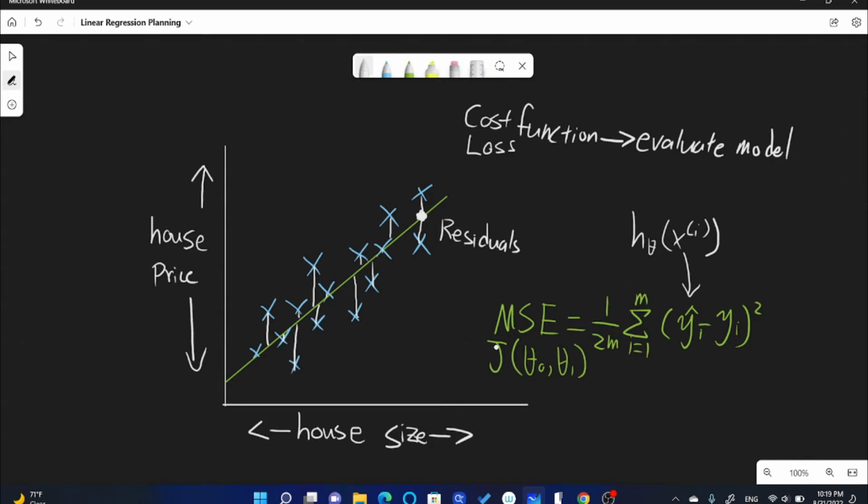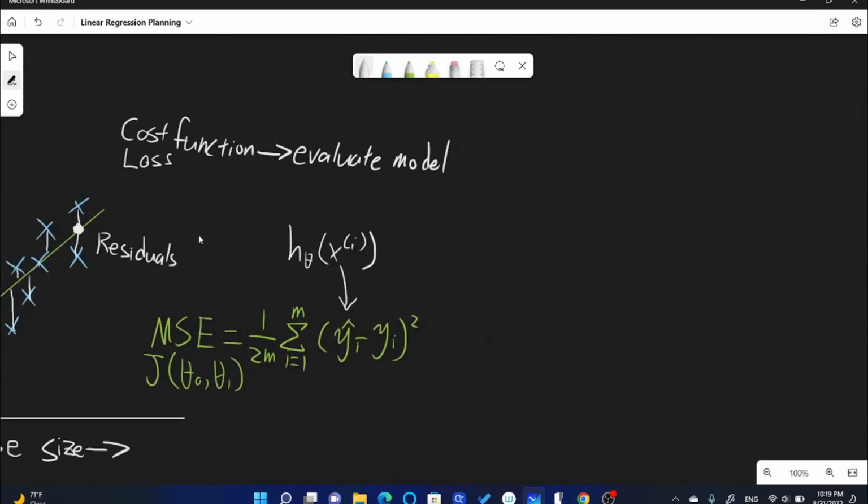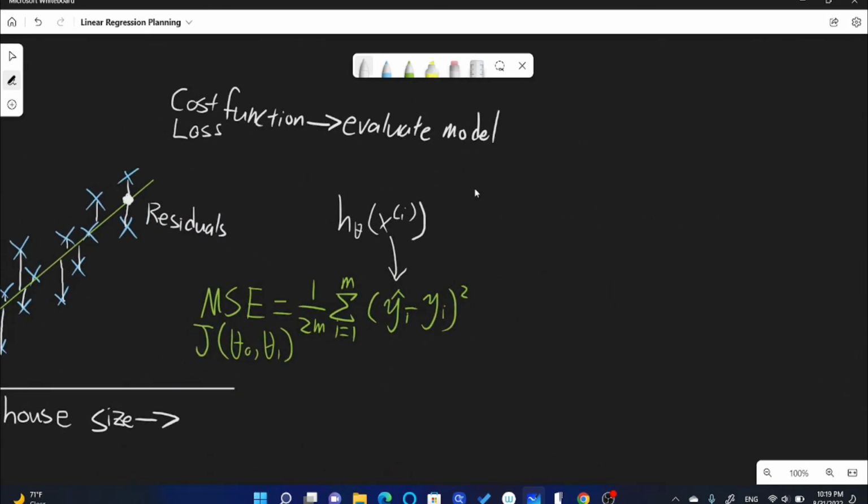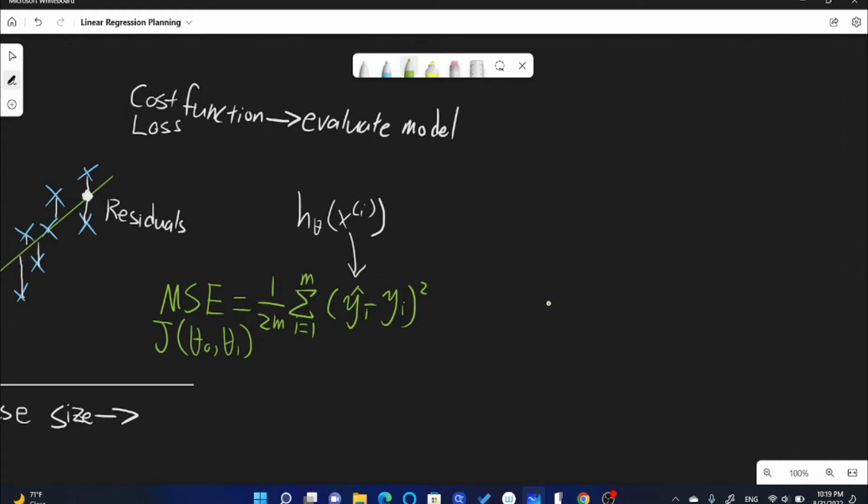Okay, all right. Now you might also see a cost function called root mean square error, right? So what's the difference between mean square error and root mean square error? Well, root mean square error is pretty self-explanatory. It's actually just the square root of mean squared error. So why do we take the square root of that?